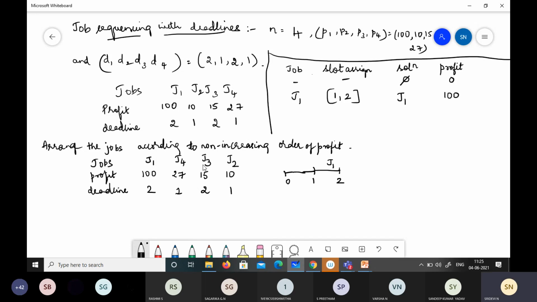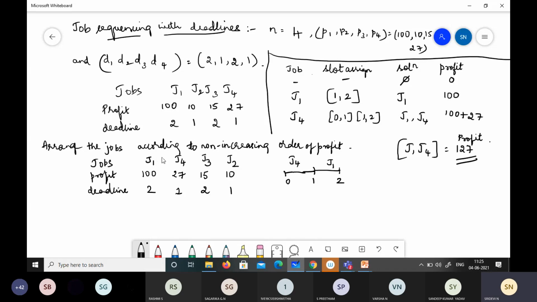I could select either, but we should select the job which has maximum profit. So I'll select J4, completing J4 in the slot 0 to 1, and 1 to 2 I have J1. So J1, J4, 100 plus 27. Hence the solution is we have selected J1 and J4, completed within the deadline, and the profit earned was 127. Any doubt with this?